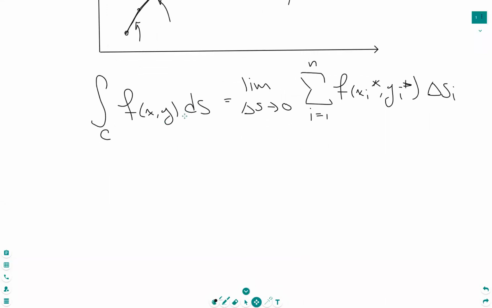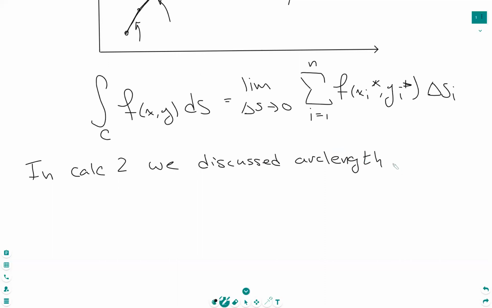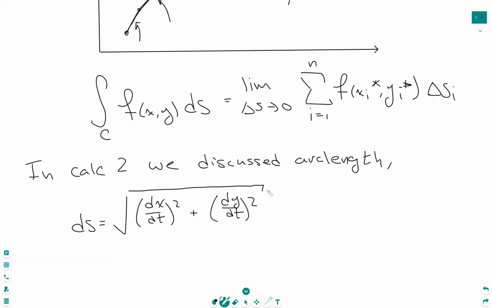So how do we go ahead and evaluate something like this? Well, in Calc 2, we discussed arc length, and we've done some arc length in this class as well, where we said that the element of ds was the square root of dx dt squared plus dy dt squared times dt.